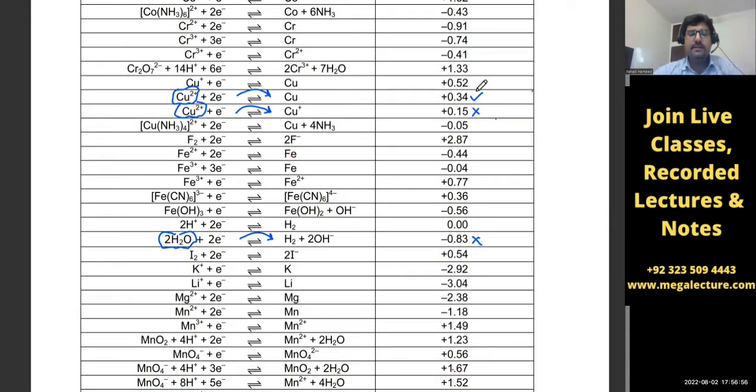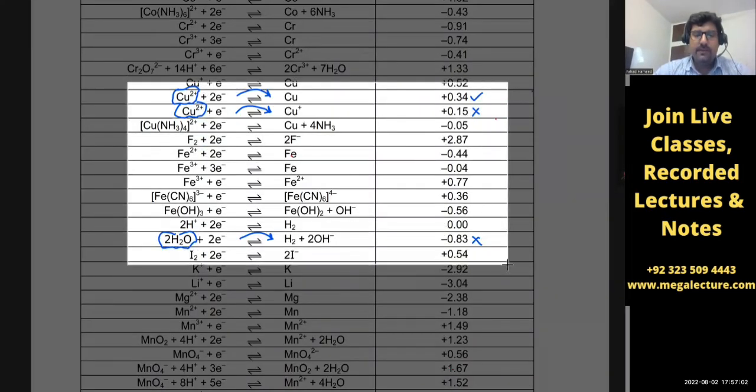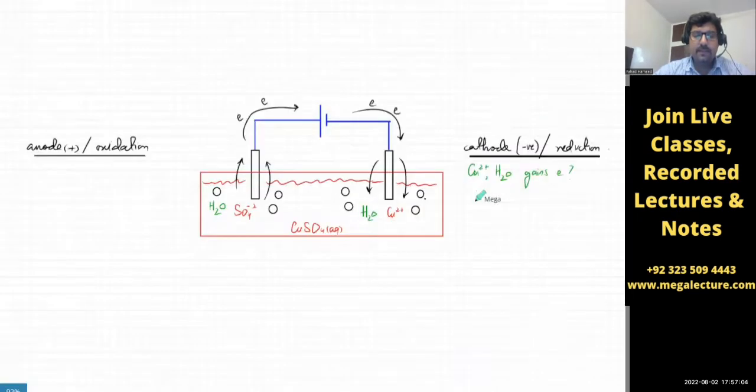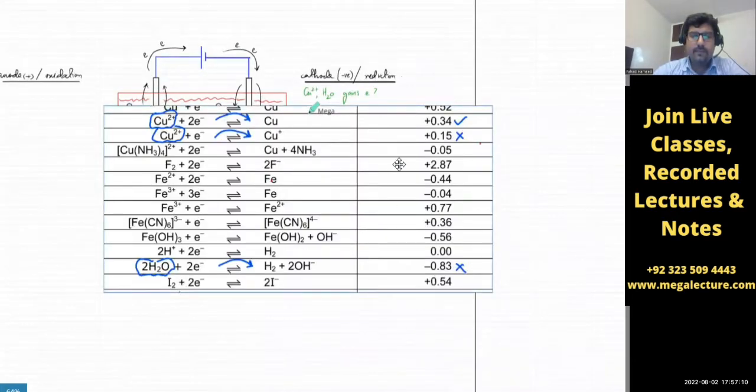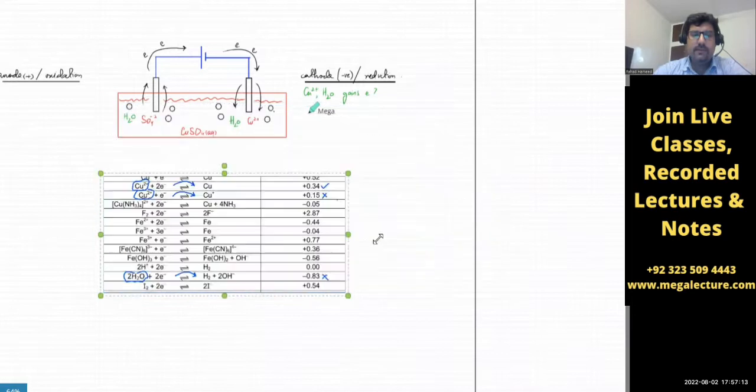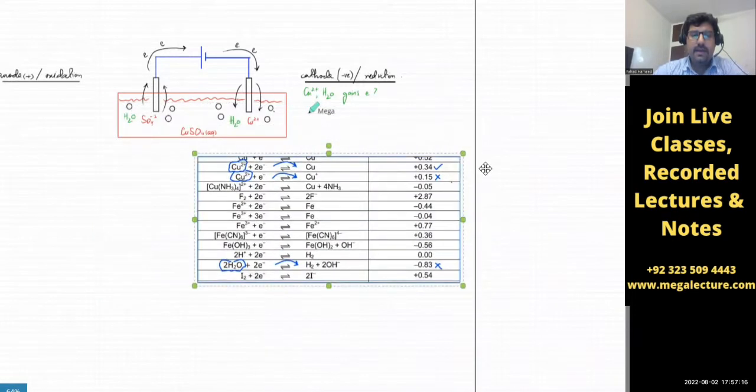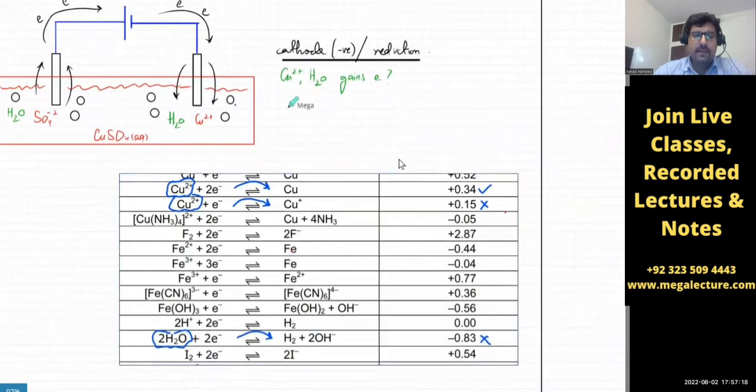So out of these three equations in the data booklet, I was able to figure out that it's the first equation, which is copper 2+, that is going to gain electrons. And I'm going to write that equation. It's going to be copper 2+ that gains 2 electrons and forms copper.